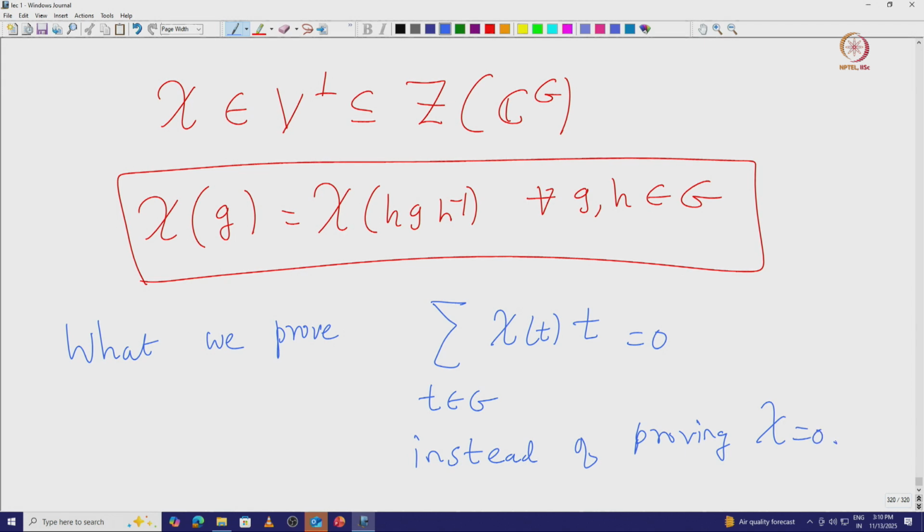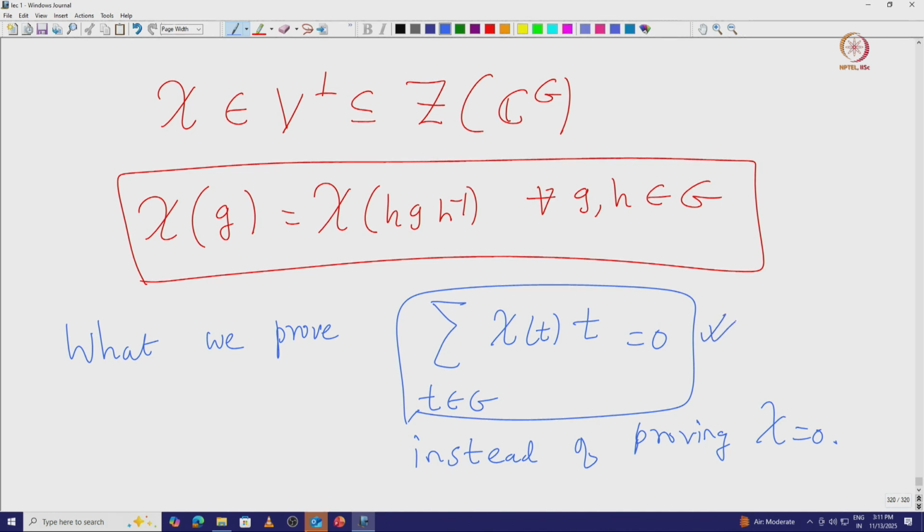If you think about it, both are equivalent only because these elements of capital G form a basis in C G. So, it is actually equivalent, even though it looks like we are using some complicated way of proving, but this actually indeed helps. Again we have to use this regular representation, that is, this left regular action of G on itself. So, that we will be able to prove.